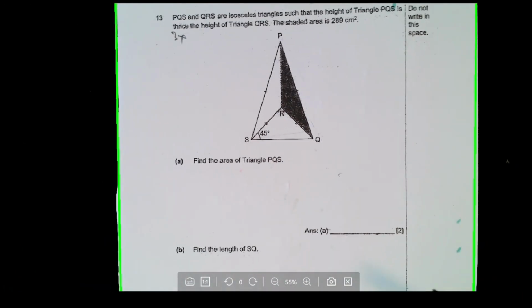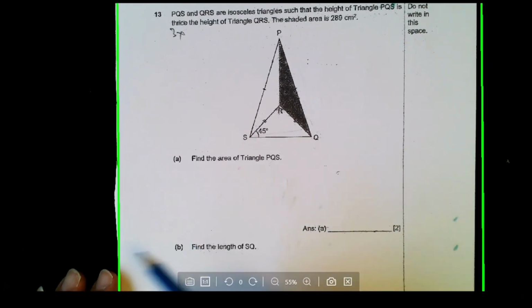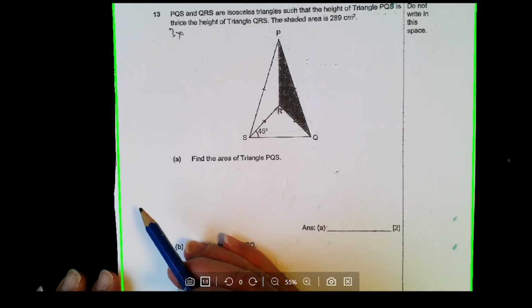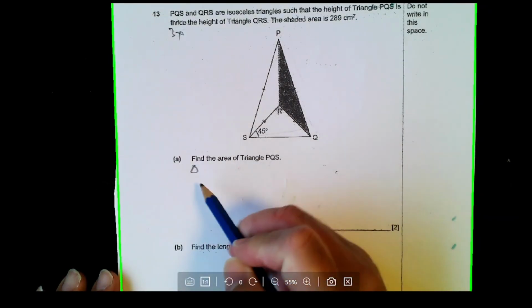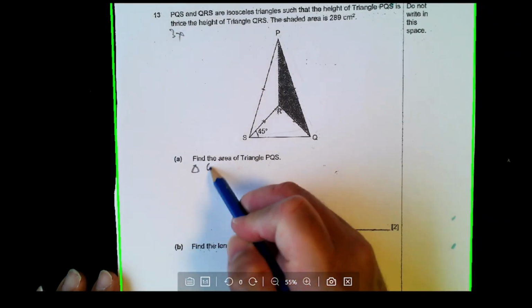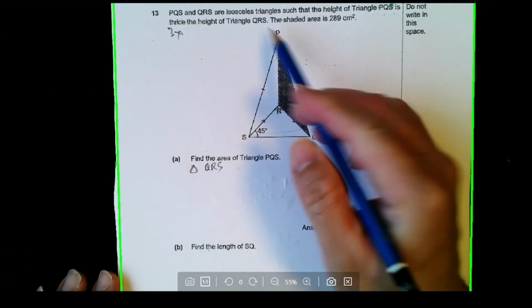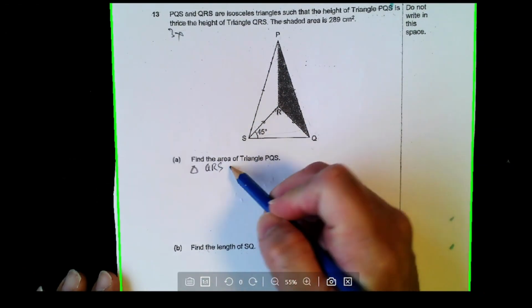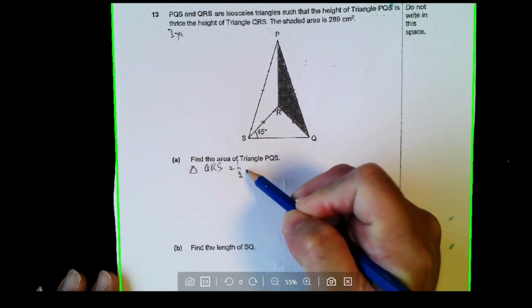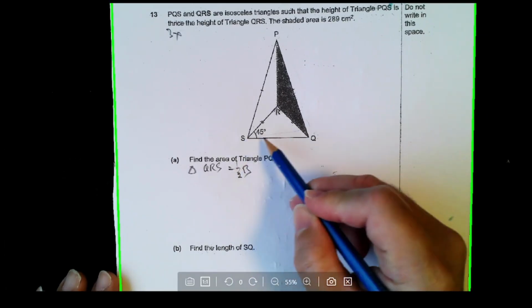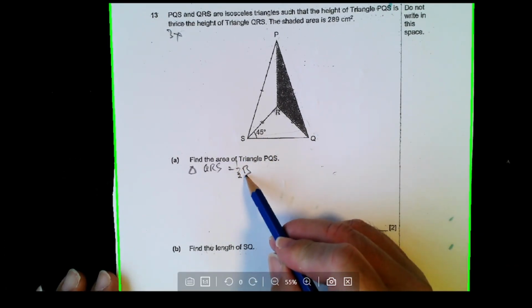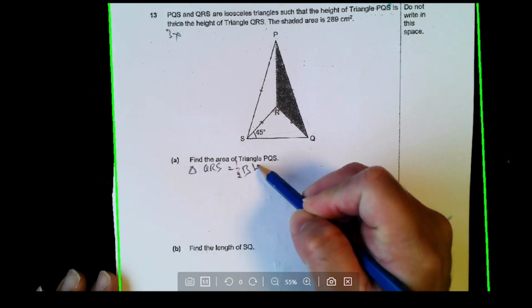Okay, so let's see. Area of triangle QRS, the small one, is half times base. I don't know how much, so I just use B, base, times height, okay?